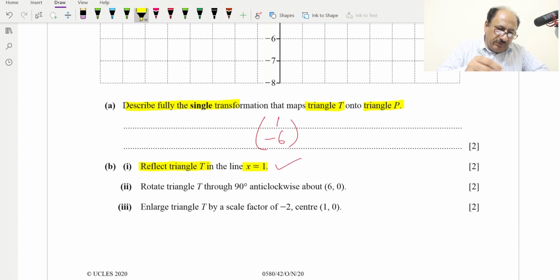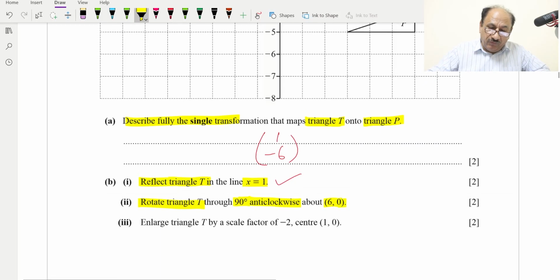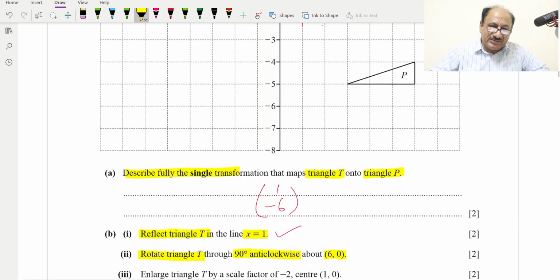Now we can go ahead with the second part, which is saying rotate the triangle T through 90 degrees anti-clockwise about the origin. This is basically the center of rotation, 6 and 0. So first of all, we'll mark the point 6 and 0.